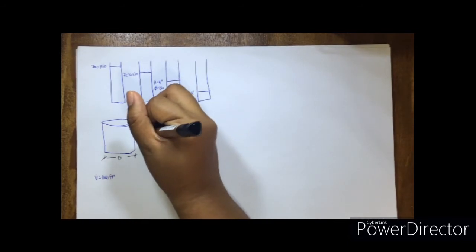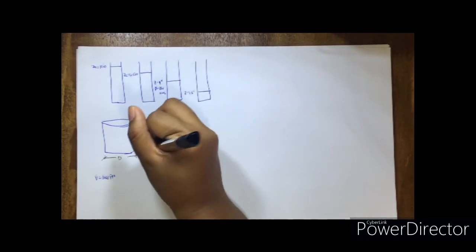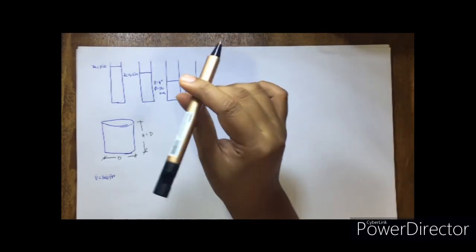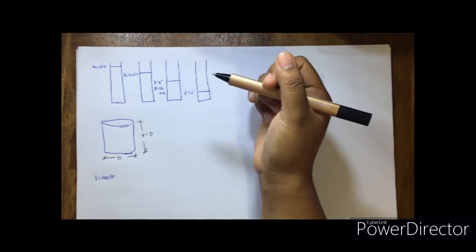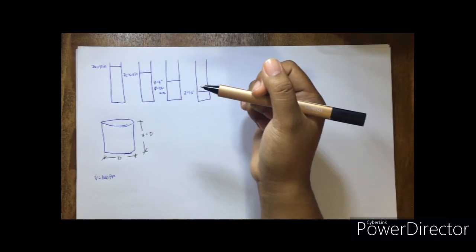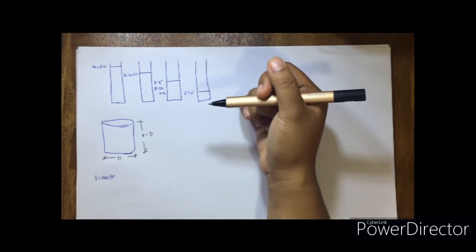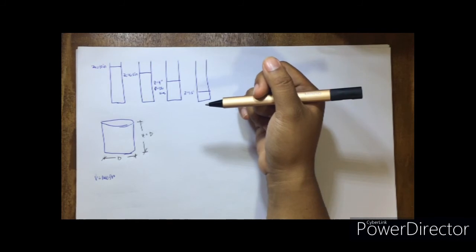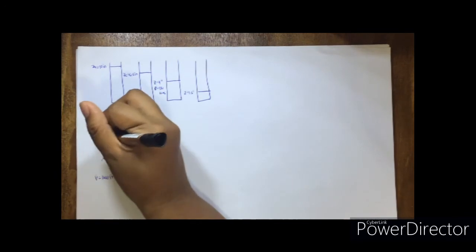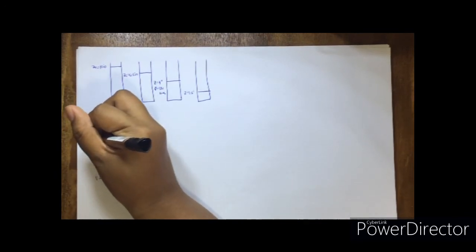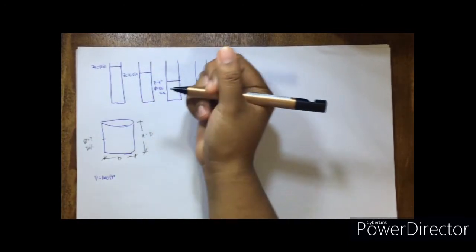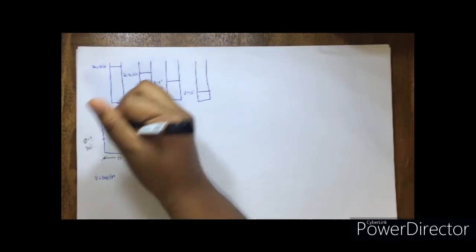So let's say 1 is equal also to our diameter. And then we will be determining the time it would take for the solid to settle to a height of 20% of the original sludge.